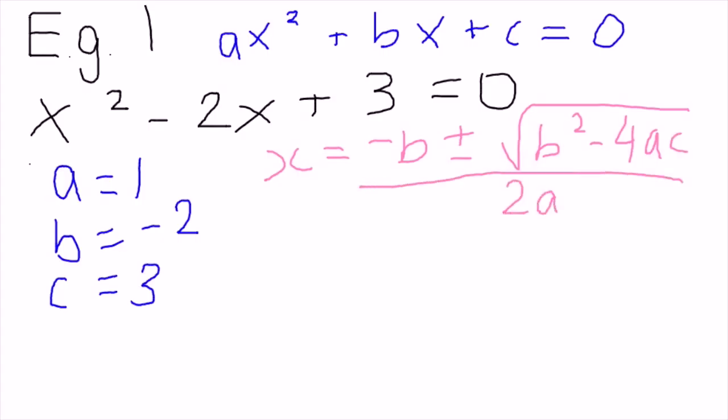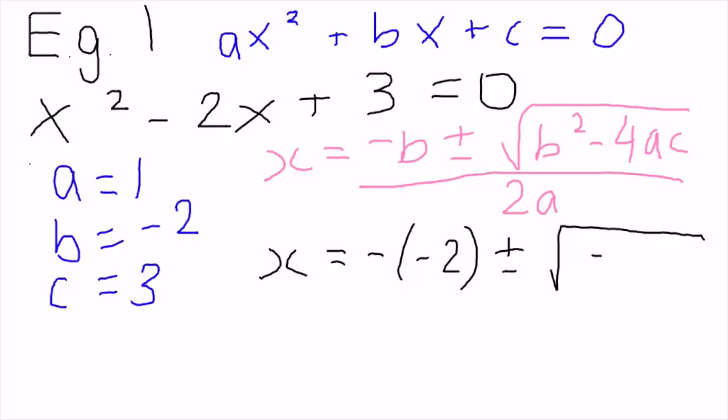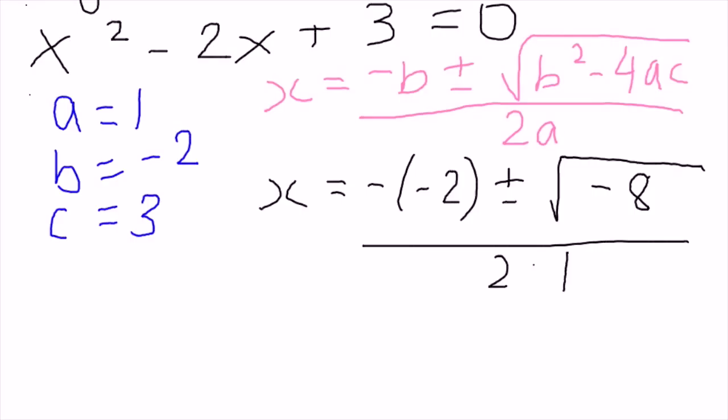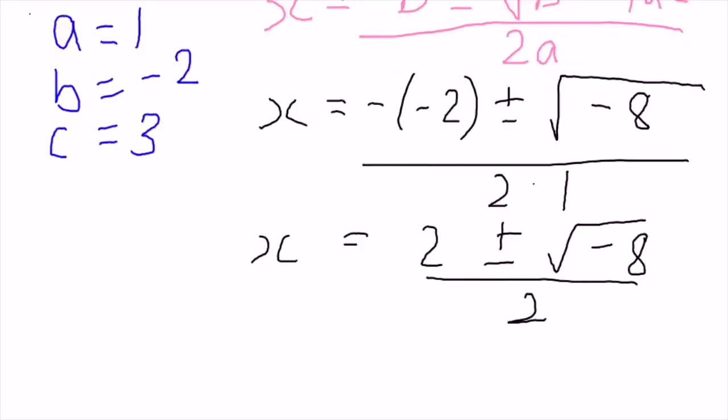And if we substitute in the values, we get x is equal to minus minus 2 plus minus root negative 8, as we got before from the discriminant, over 2 times 1. So x is equal to 2 plus minus root negative 8 over 2. And as you can see, in the root there is a negative number, and we can never simplify a root with a negative number. Therefore, there are no real solutions.